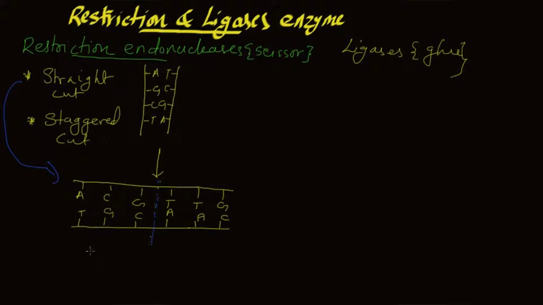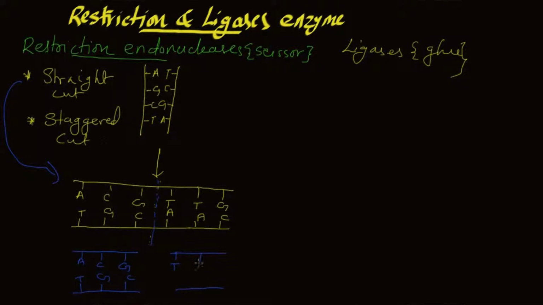Okay, so what you get from here, you will be getting in this manner. See, you will get this A, C and G here. Then here you will be getting T, G and C. Okay, and this one, see, it's separated.